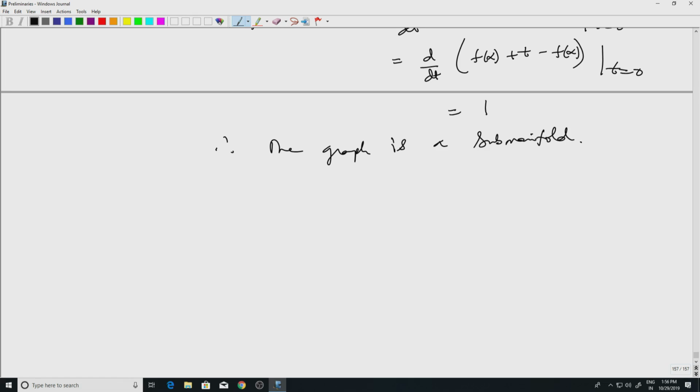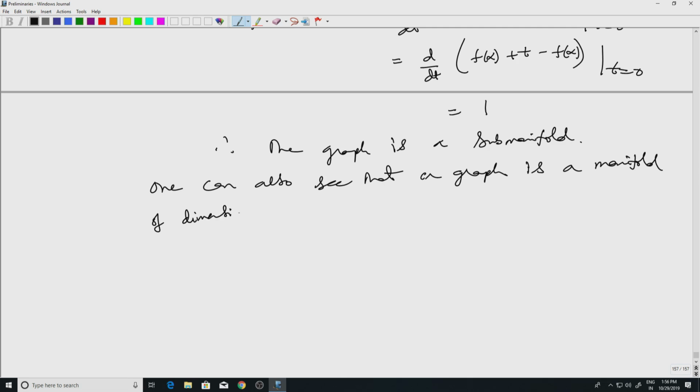Now, if one is just interested in checking that the graph is actually a manifold, there's a more direct way of doing it. One can also see that a graph is a manifold of dimension n as follows.